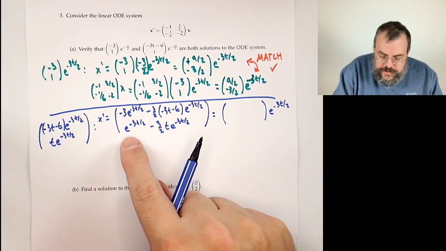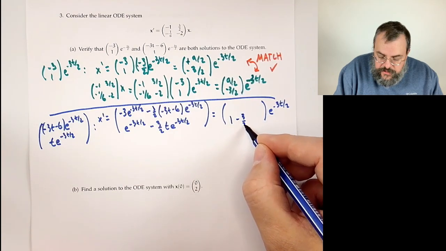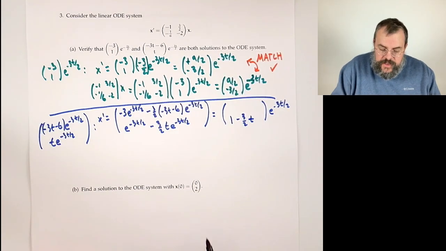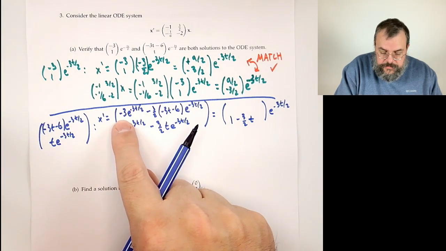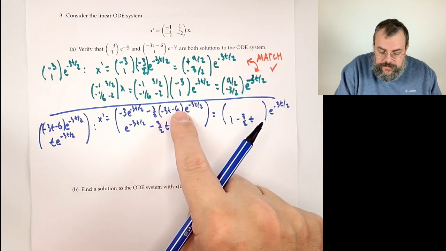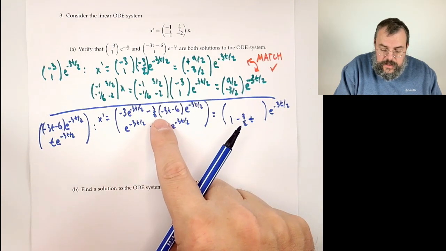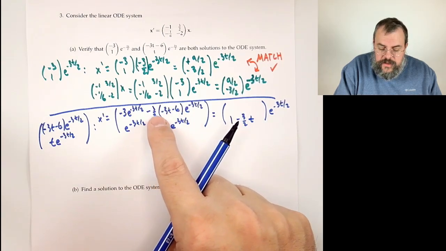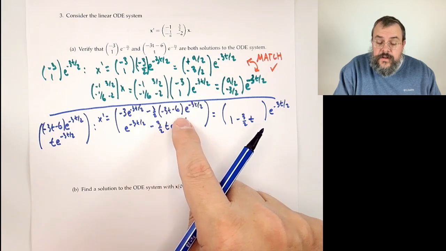Downstairs, no big surprises. We get 1 minus 3 halves t. Upstairs, we'll have a minus 3. Then we have minus 3 halves times minus 6. Well, what does that do? Minus 3 halves times minus 6 is going to be a plus 9.